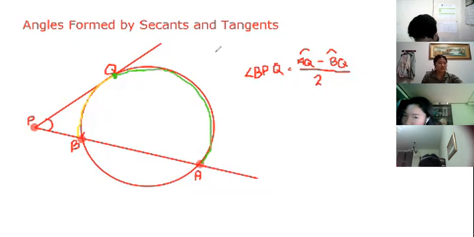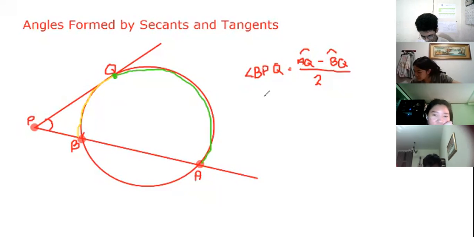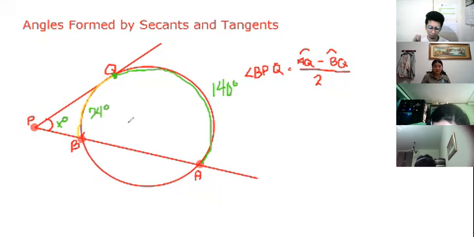So for example, if this one is 140 degrees, and this one is 74 degrees, so we're going to find the angle, the degree, of this one.